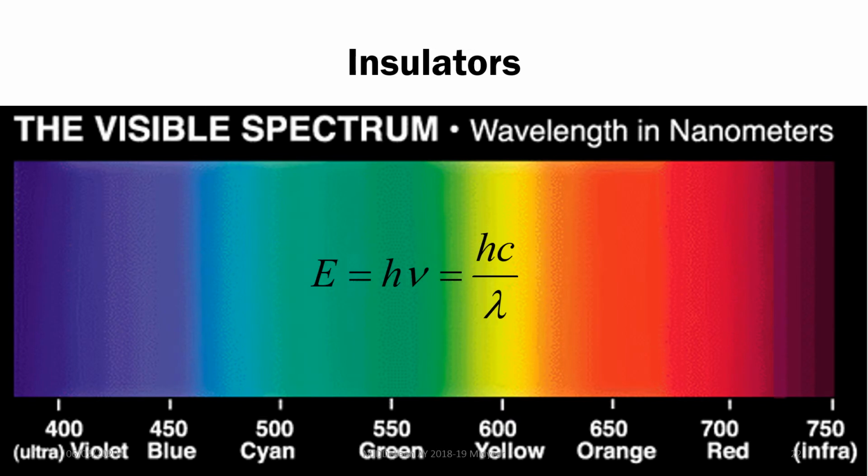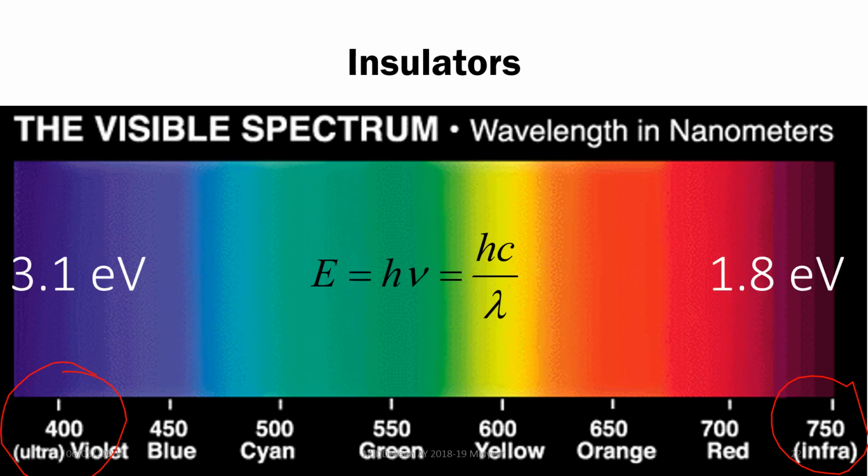So looking back at the visible spectrum of light, we know that your visible light is from around 400 to 750 nanometers. If we convert that into energy, this would be from 1.8 electron volts to 3.1 electron volts. And this is important because this determines the property of your insulator, whether maging transparent siya or opaque.